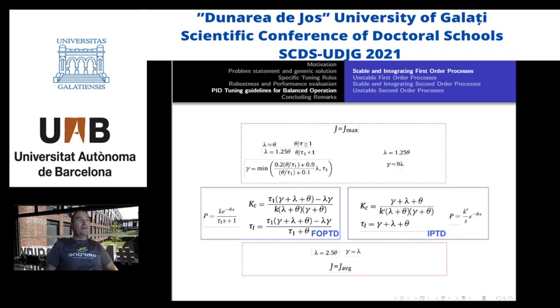And then depending on the way that you want to evaluate the balanced operation, you should use the selection for the average, or you should use the selection for the maximum one. Then you have the appropriate values for lambda and gamma. As you can see, for the average, the selection is the same for both first order plus time delay and integrator plus time delay.